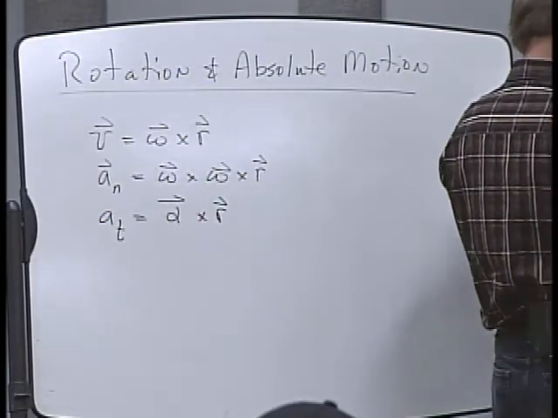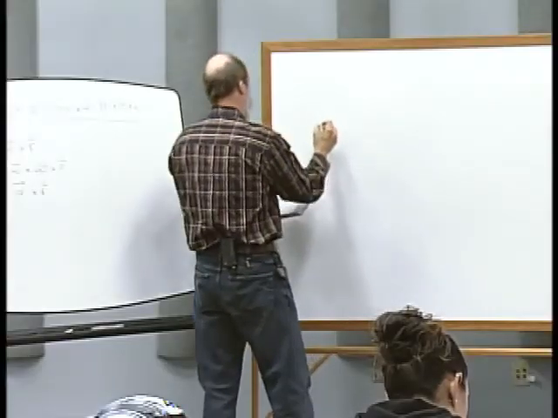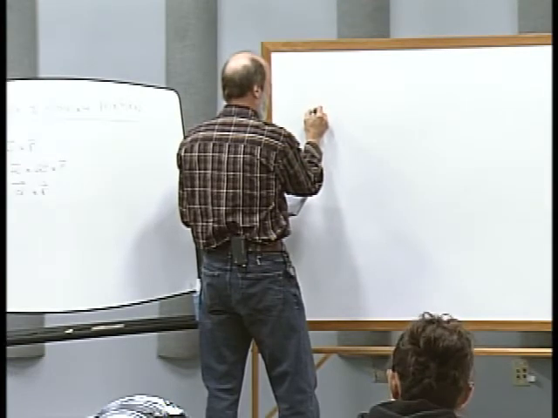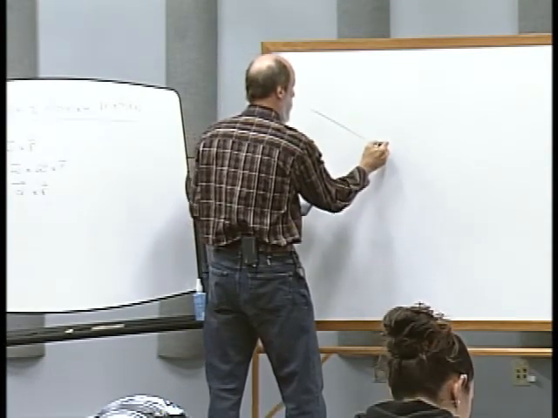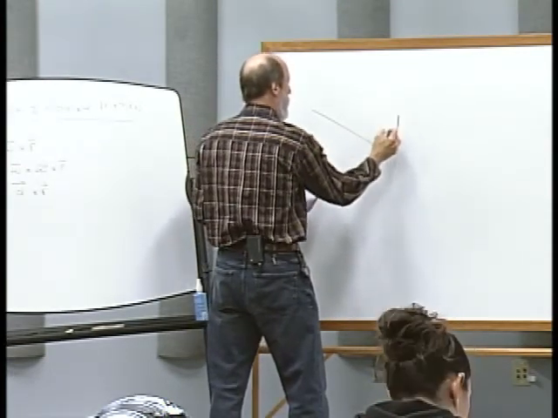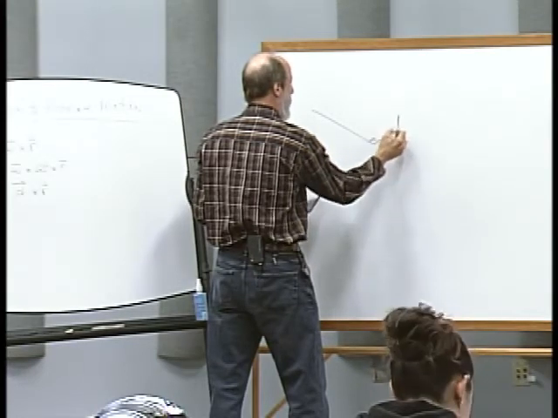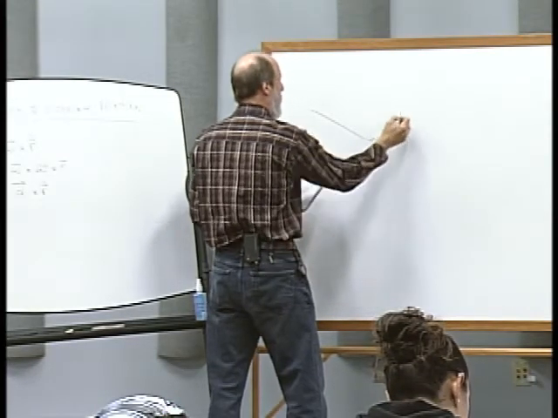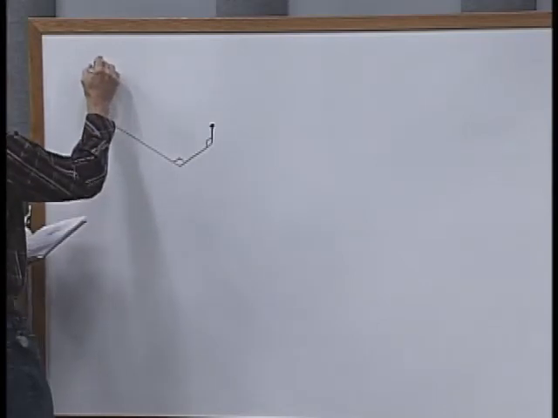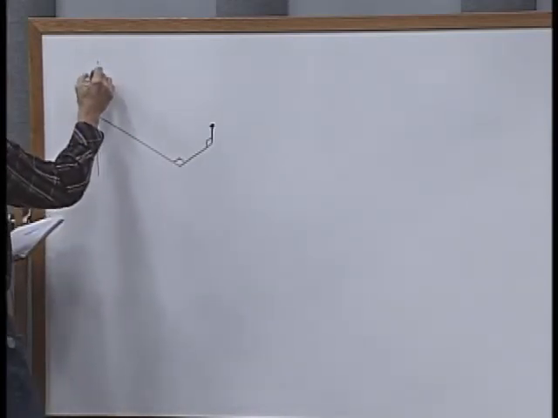So this particular problem has a mechanism that looks like this. That's a right angle. That's a right angle. Here's point P. Here's the axis of rotation.